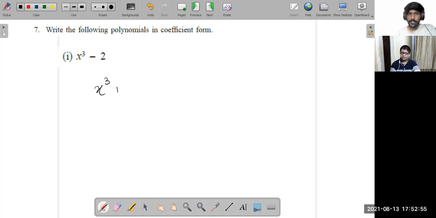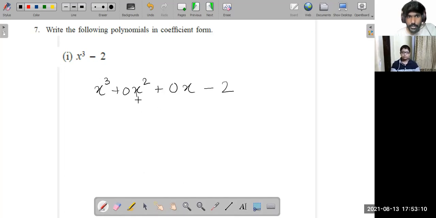0x square plus 0x, then minus 2. So if you see this term, that is the x square term, and this term, that is the x term, is not present here.